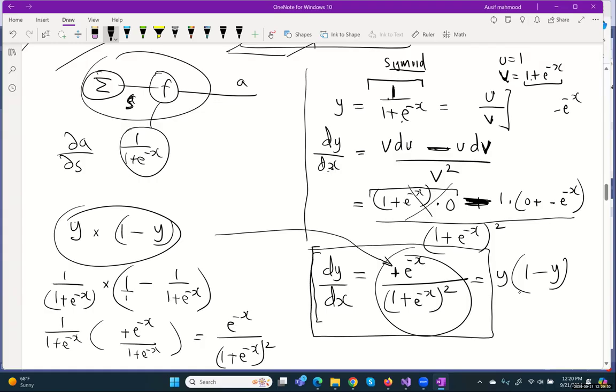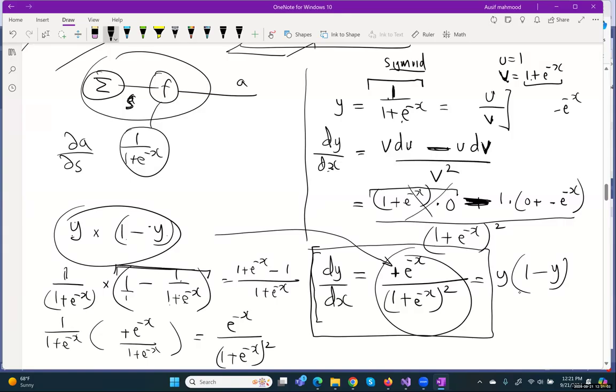Then what I said is, this is in reality the same as y times 1 minus y, because y is 1 over 1 plus e to the minus x. 1 minus y will become 1 minus 1 over that, right? If you do a simple addition of these, you will see this becomes 1 plus e to the minus x minus 1 divided by 1 plus e to the minus x.